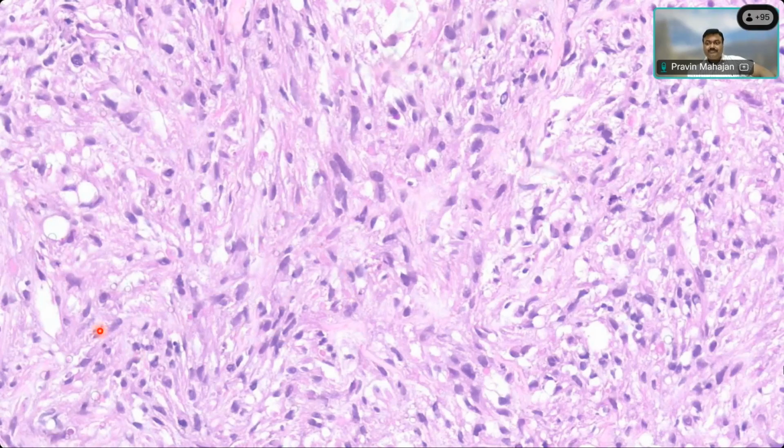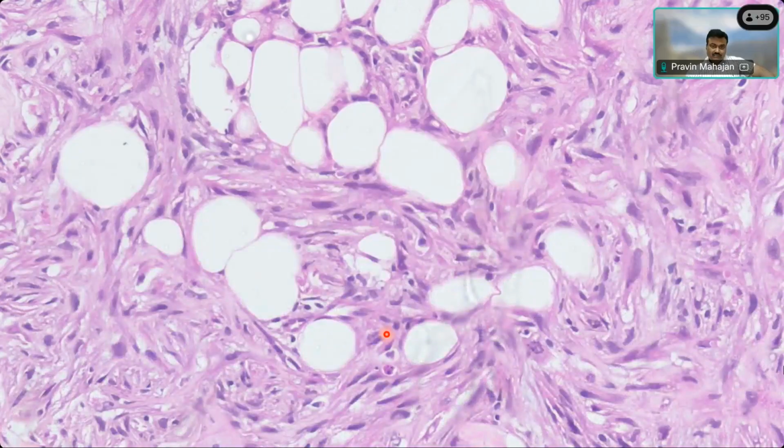Maybe some cells here have some vacuolation or something? Probably. You may think like that, some accumulation within the cytoplasm here also. And here the cells, as you very rightly said, are infiltrating between the fat cells, but they are spindle.